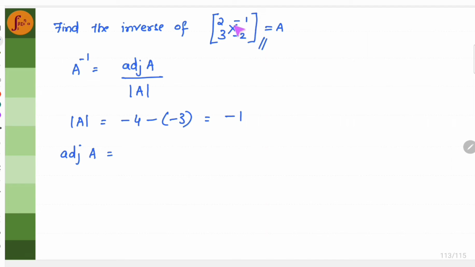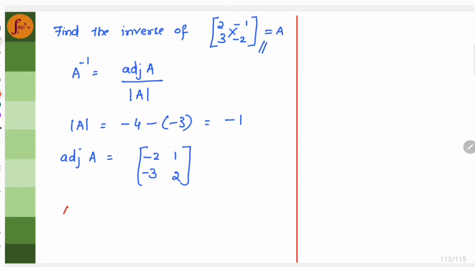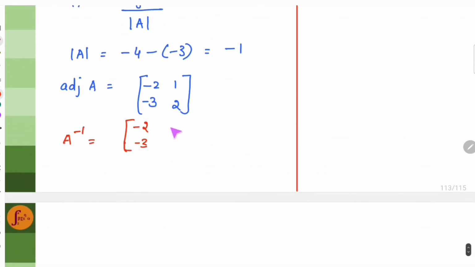Now for a 2 by 2 matrix, there is a shortcut. Interchange the elements, 2 and minus 2. So you get minus 2 and 2. Now you change the signs. So minus 1 will become plus 1, 3 will become minus 3. So this is the adjoint. What is A inverse? A inverse is the adjoint of A, that is this matrix, divided by determinant A, that is by minus 1.